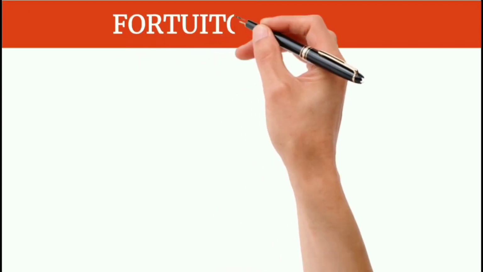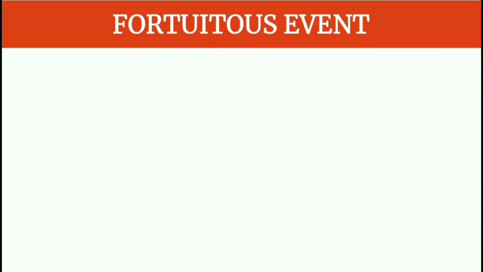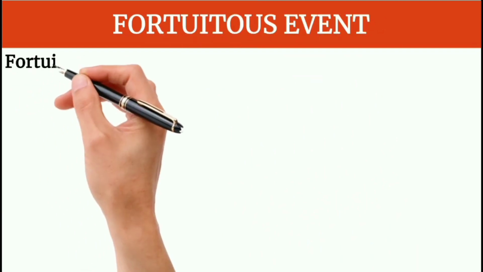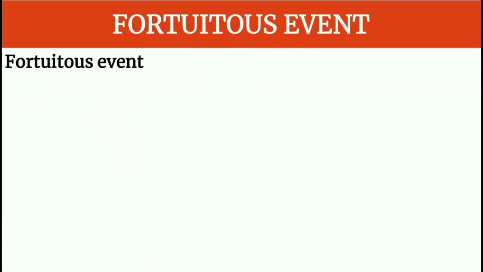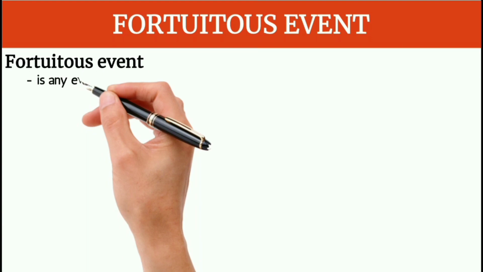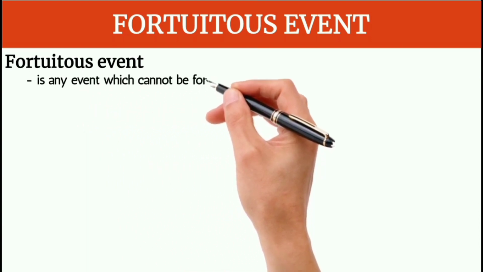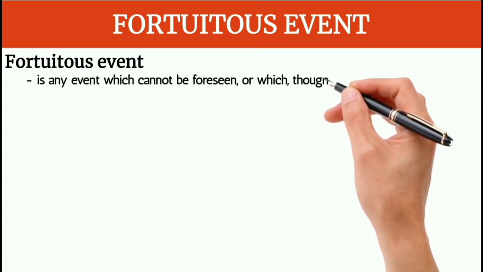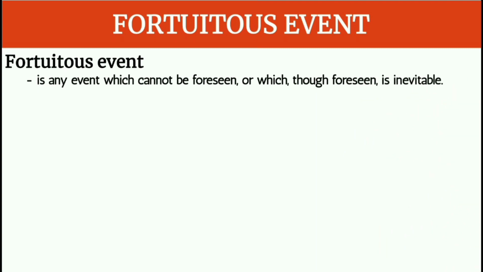Kanina pa natin binabanggit yung term na fortuitous event. Ano ba ang ibig sabihin ng term na fortuitous event? Kapag sinabing fortuitous event, this is any event which cannot be foreseen or which, though foreseen, is inevitable. In other words, ito yung event na kung saan imposible na ma-foresee or ma-avoid.